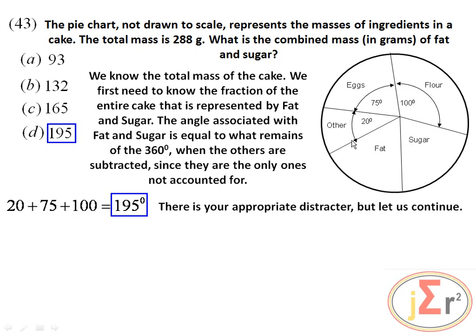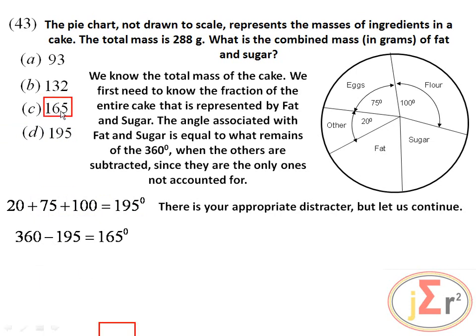Now we need to find the associated angle, and we will find the associated angle by subtracting this that we have right here from 360 degrees. So we subtract 195 from 360, and the result is 165 degrees.